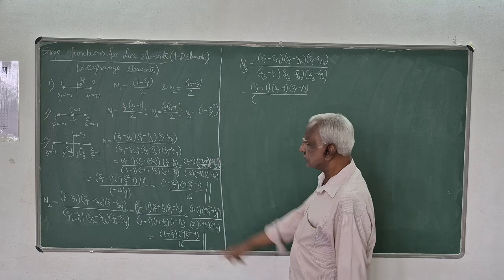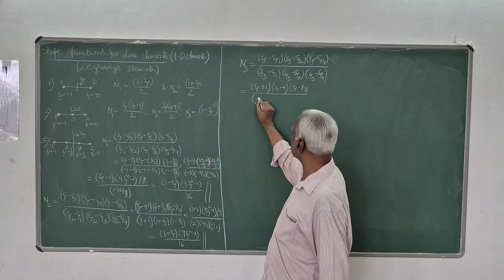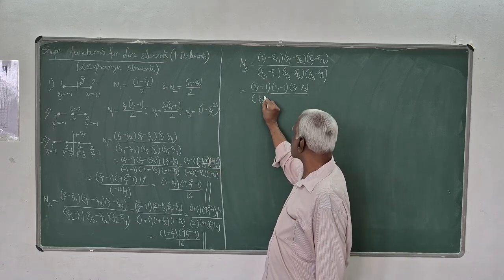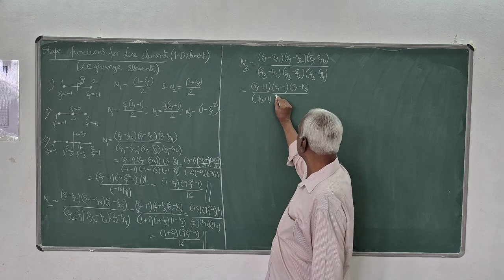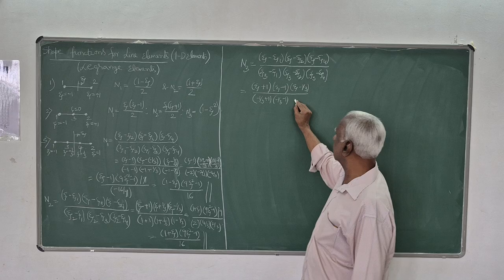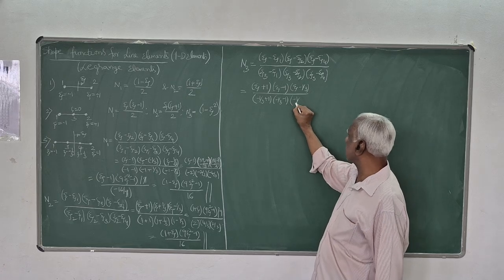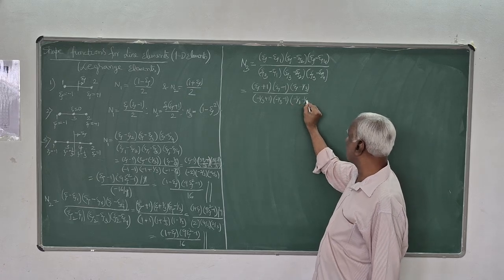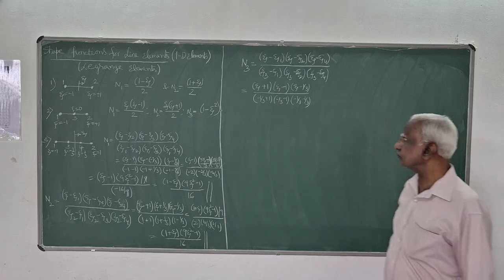psi 3. Psi 3 is minus 1 by 3 plus 1, minus 1 by 3 minus 1, then minus 1 by 3 minus 1 by 3.